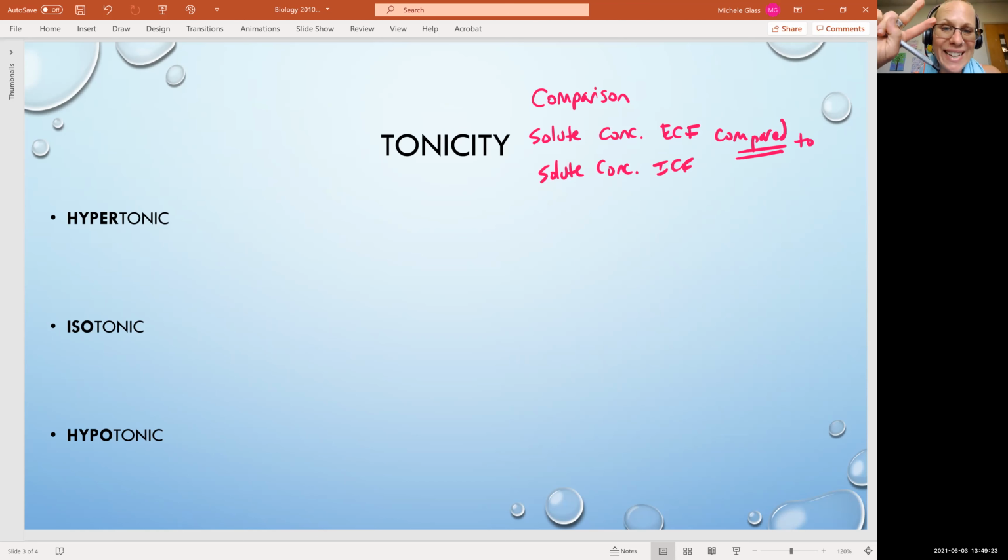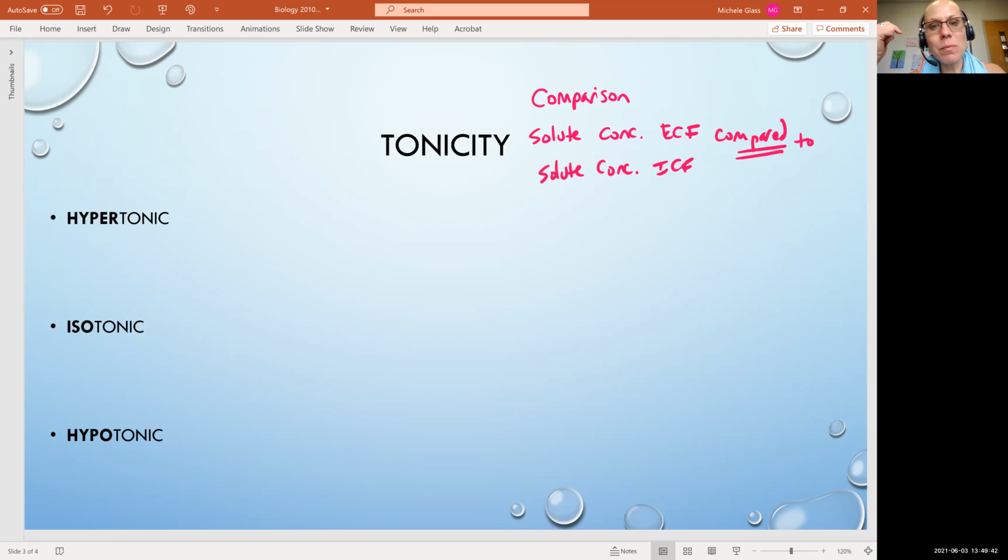So two things to pay attention to here. Number one, tonicity is defining the solute concentration. Solute is the stuff. Osmosis is water. Tonicity is defining where is it salty? Where's the most stuff, right?